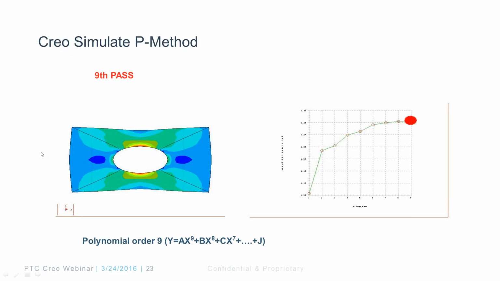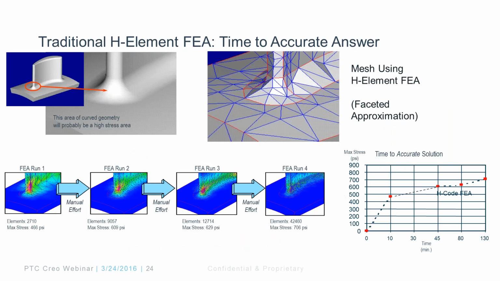So rather than looking at a cool color plot and saying, hey, those red areas are the high stress areas, and then saying that's accurate, it's very important to make sure you check the convergence of solutions in any analysis tool that you use. So this is adaptive, and it's not dependent on the user's experience. That's a key technology differentiator between Creo Simulate and many of the other analysis tools out there.